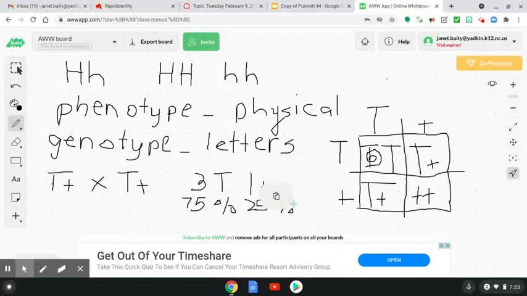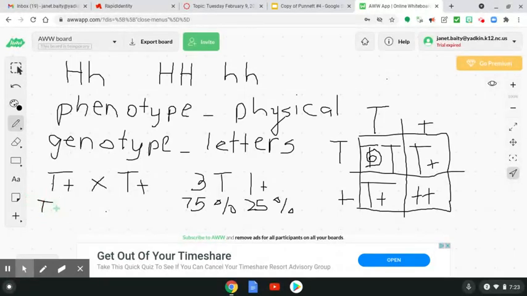Then, if we were looking at the genotype, remember genotype is letters. We have 3 different genotypes.